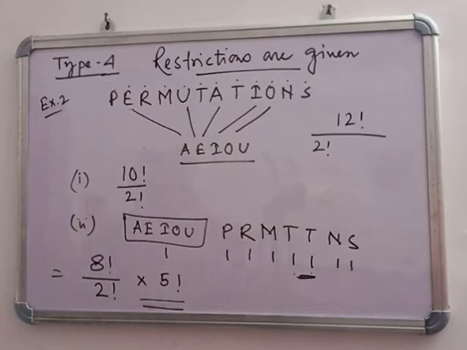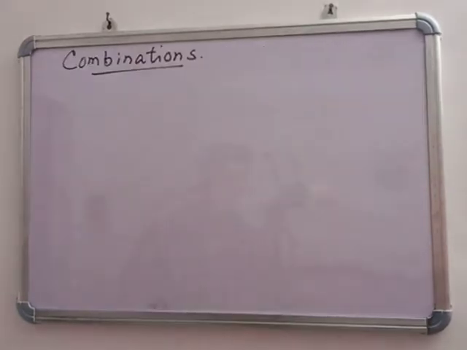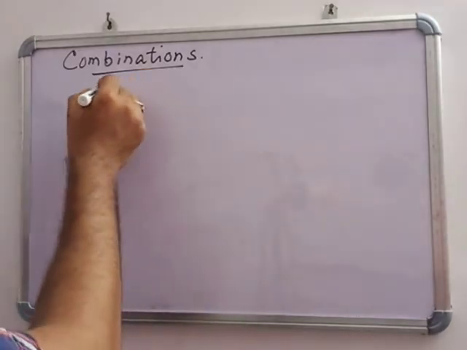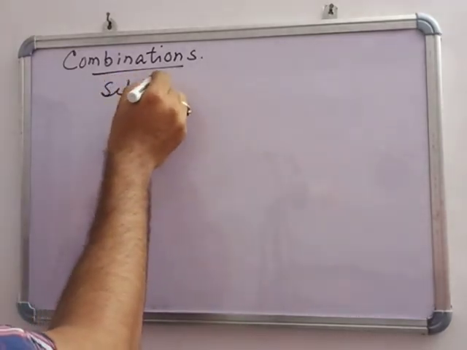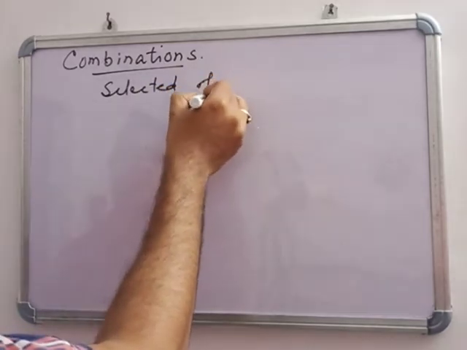Note it down now. These are the permutations we already discussed. Now combinations. Combinations means, as you already know, the selection of the number.